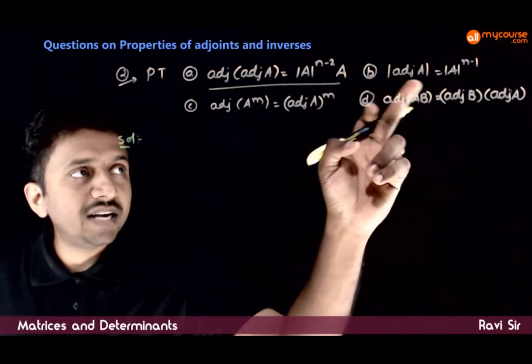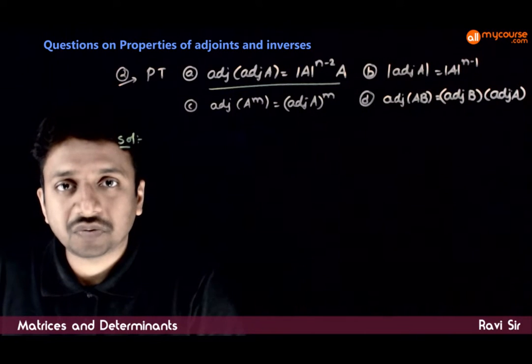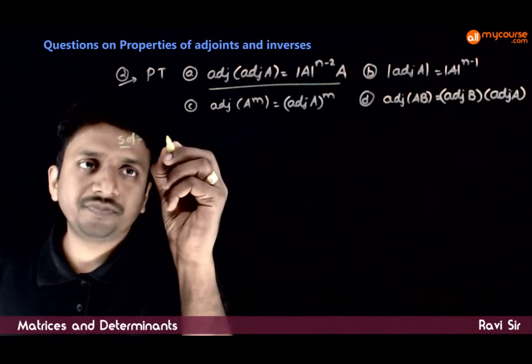So let us first prove that det of adjoint of A is (det A) to the power n minus 1. It is very easy to do.